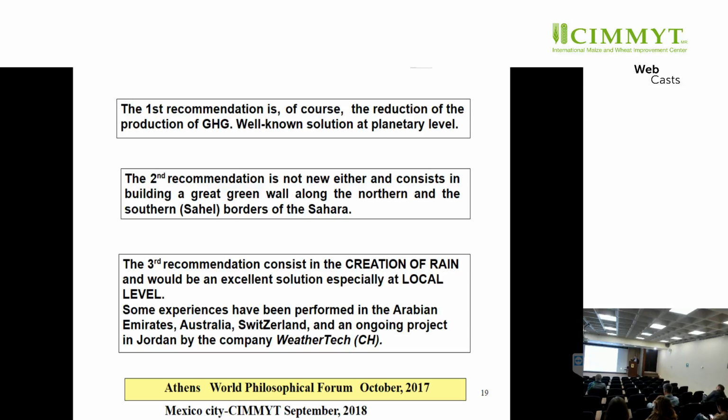Reduction of greenhouse gases, this is a problem we cannot discuss here, so we are not very optimistic about that anyway. The recommendation is not new either: ecosystem building, a great green wall along the northern and southern Sahel borders of the Sahara. This idea comes from what is going on or almost accomplished in China, where there is the Great Green Wall, north-south, for 3,500 kilometers, as I read, which is finished or almost finished, at a width of 10 to 15 kilometers.